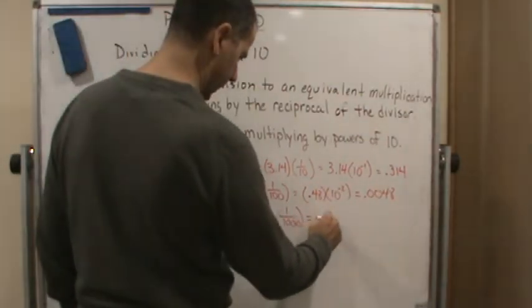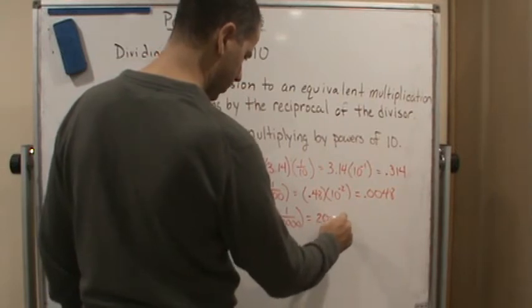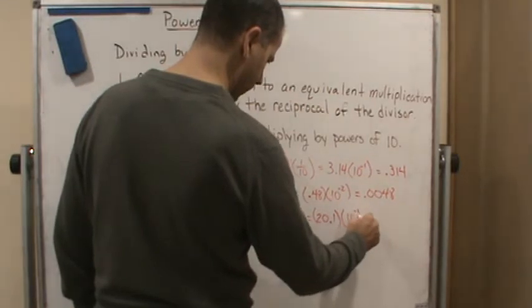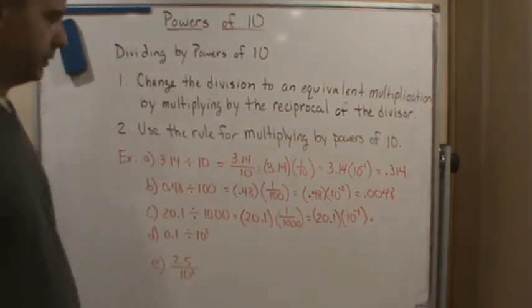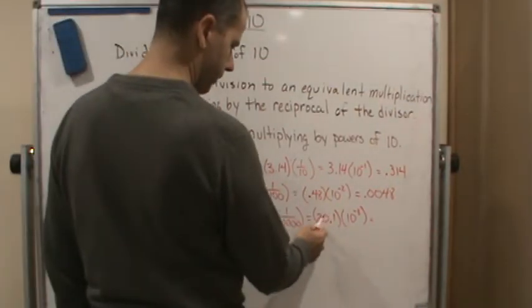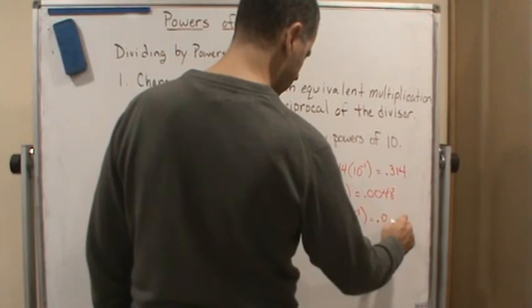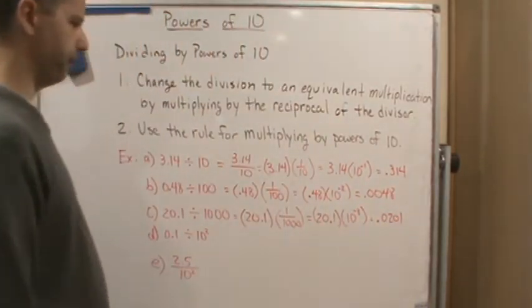Which is the same as multiplying by 10 to the negative third power. So we write 20.1 times 10 to the negative third power. And again, we're going to move the decimal point to the left 3 spots. So this is going to be 0.0201.